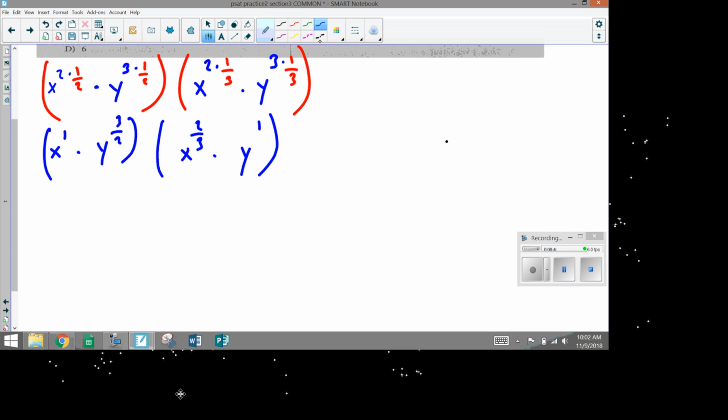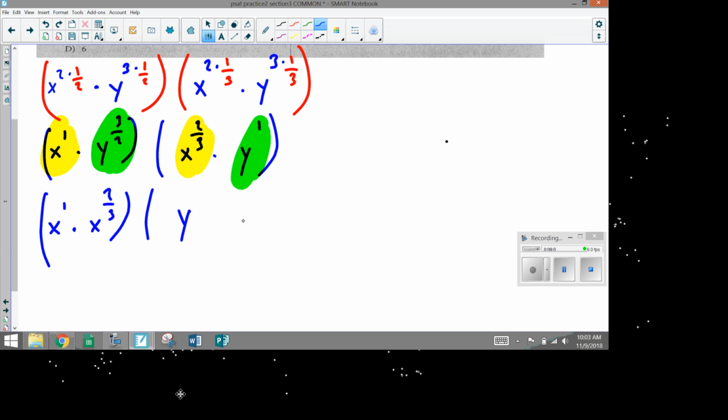Now, as you see, we're multiplying them all, right? And we're going to focus on like terms. When the bases are the same and you're multiplying, what do you do? You add exponents, right? Then you put them all together, y's together, x's together. So when the bases are the same, we add exponents. 1 plus 2/3 is equal to... too late to answer.